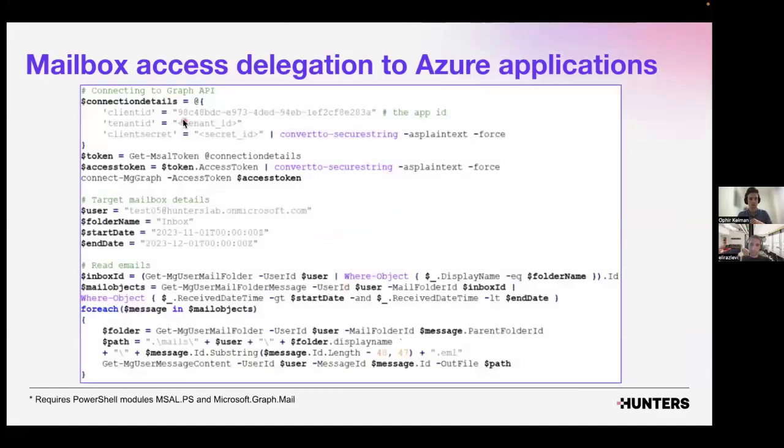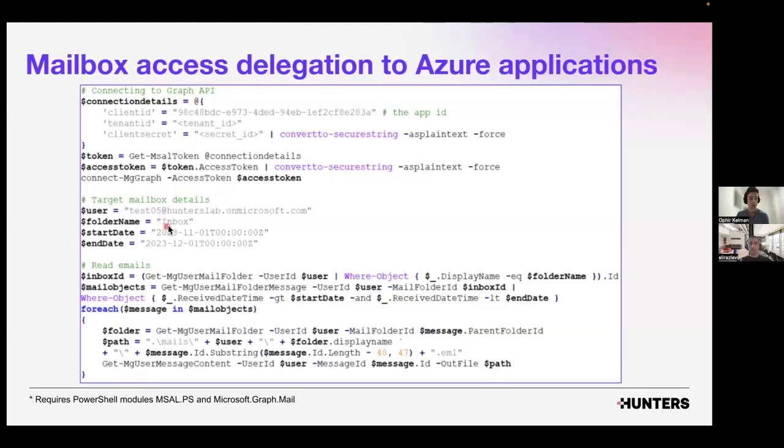Having those, we can write a PowerShell script, such as you see on the screen, which essentially does three things: connecting to Graph API, targeting mailbox details, and then iteratively reading emails. We insert the credentials we need: client ID, tenant ID, and client secret.